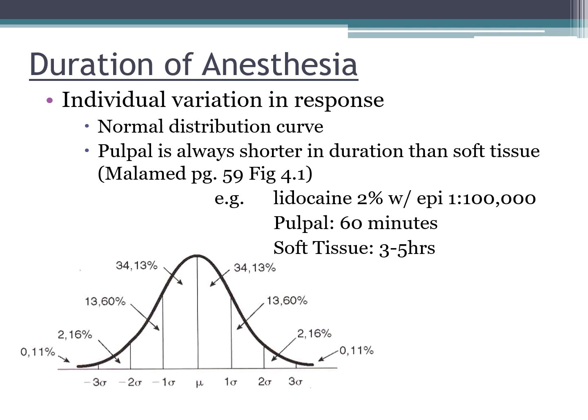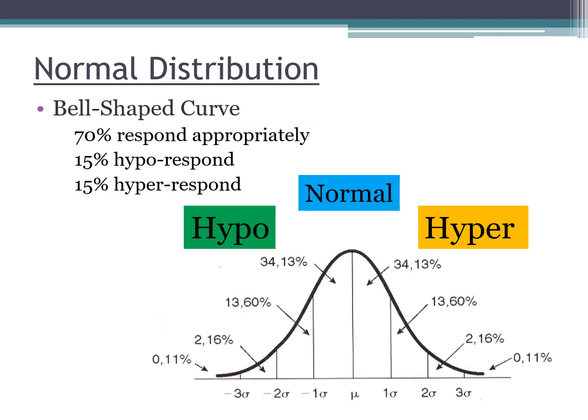Pulpal is always shorter in duration than soft tissue. You'll find this figure in Malamed, page 59, figure 4.1. For example, lidocaine 2% with epinephrine 1 in 100,000 gives you pulpal anesthesia for 60 minutes, but soft tissue you get 3 to 5 hours.